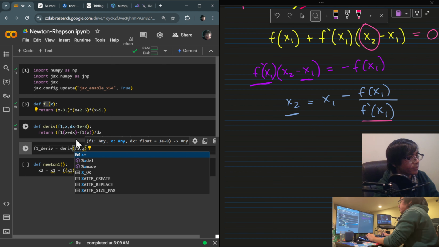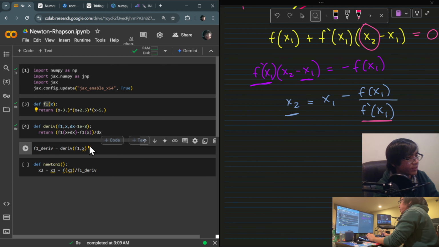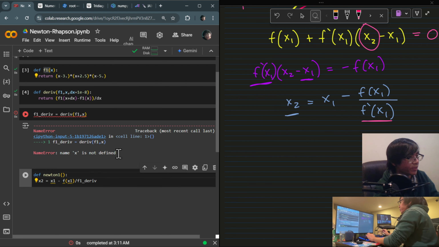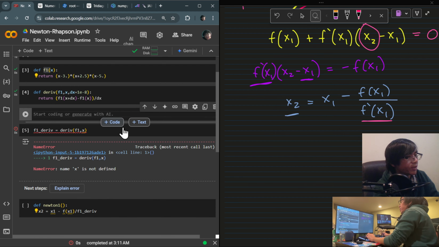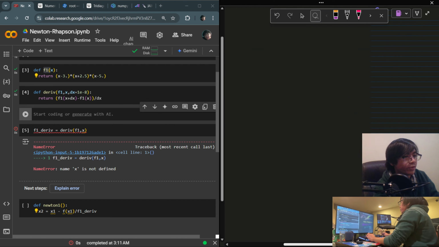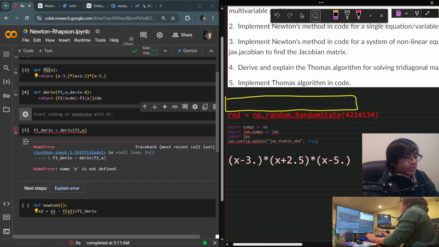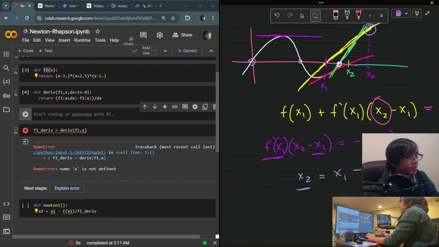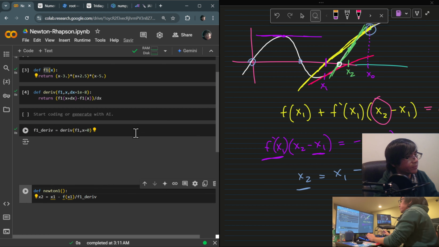So I think I need a value for x, right? Will it just let me put x? I don't think so. Try. I don't think it's defined. Yep. Now I don't remember what our value of x was as an initial guess, and of course I don't have it. So maybe like 0. Will that work? There you go.